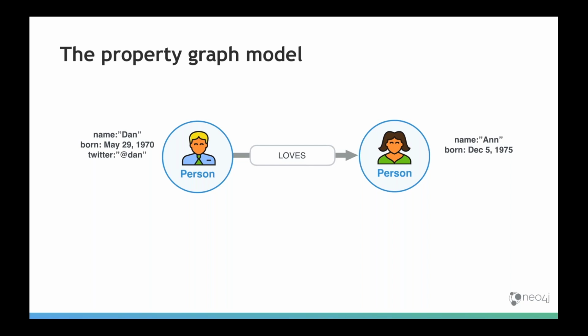The direction of that relationship is important. But Dan is lucky because Anne loves him back. Dan lives with Anne. When we store this relationship in the database, it will have a direction. However, when we query it, we don't have to care about the direction because we know that if Dan lives with Anne, Anne also lives with Dan.